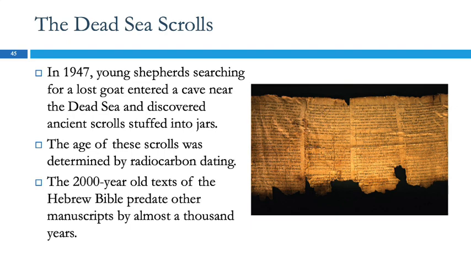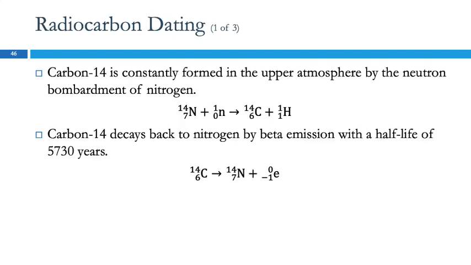So they used radiocarbon dating to determine the age of these scrolls. And these texts are about 2,000 years old. That's earlier than any of the other existing manuscripts of the Bible. And so that was a big deal, known as the Dead Sea Scrolls. Carbon dating established how old they were.